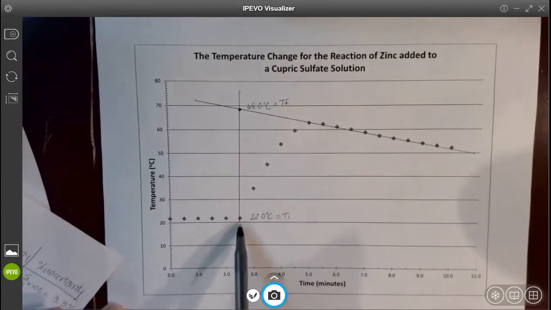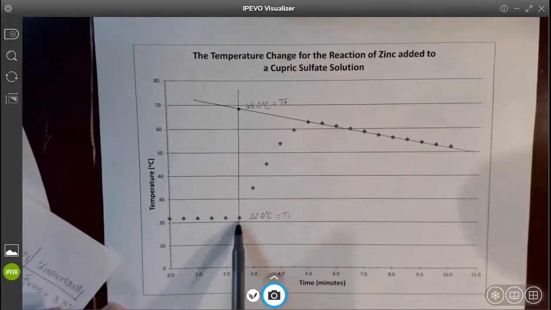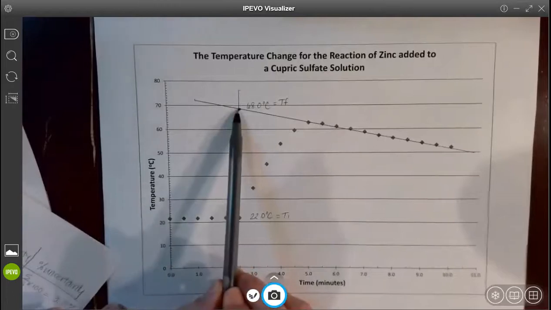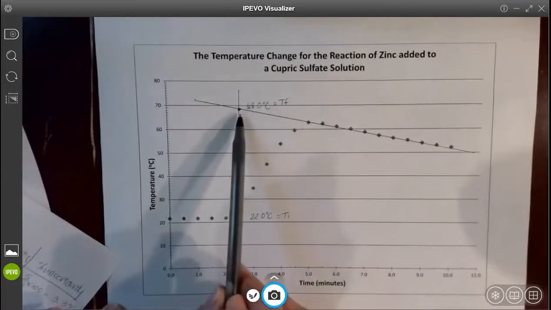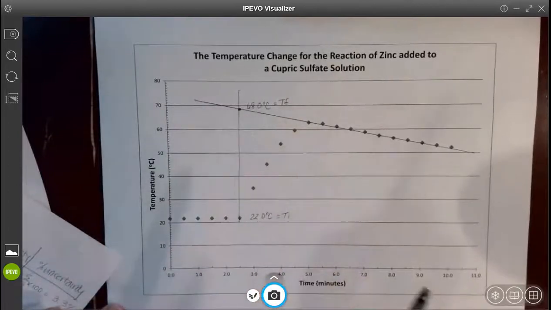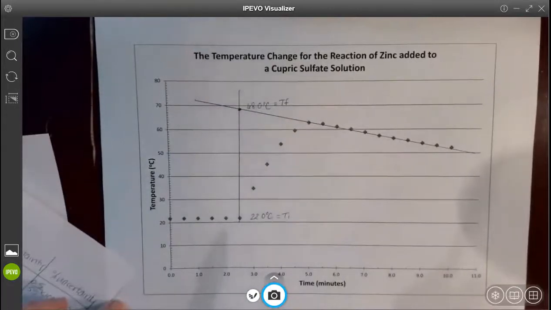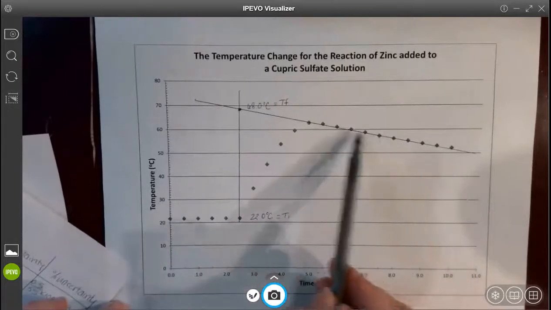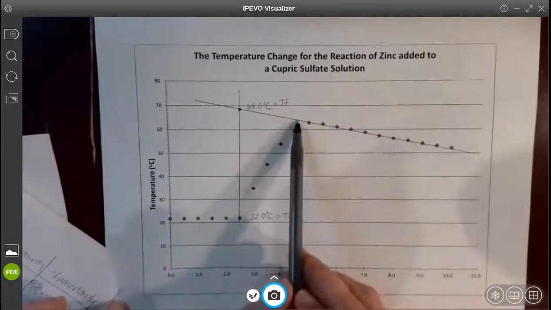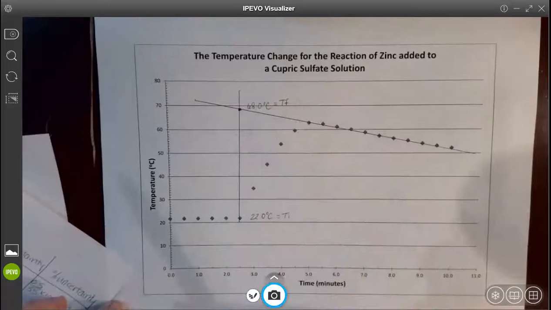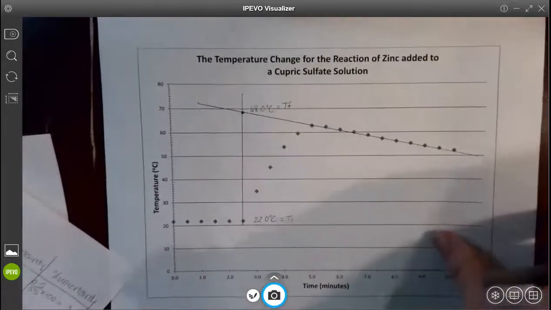Okay, so right when the temperature started to go up, if it went up instantaneously at that time, it could have reached a temperature of 68 degrees Celsius, which is what I'm using for my final temperature. When you do this experiment in the lab and you use the lab data, you will have the equation of this line and you will be able to determine your TF from the equation of the line. And I'll show that to you at the end of these calculations.